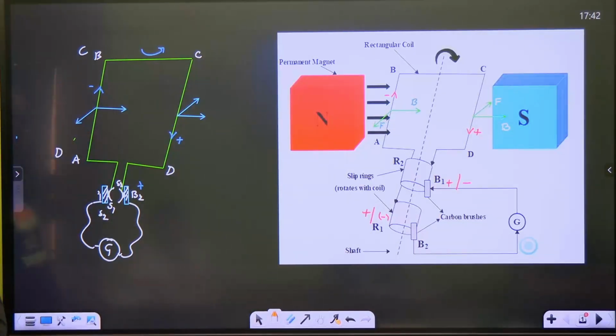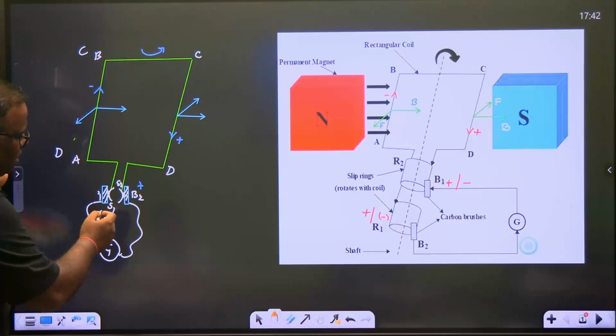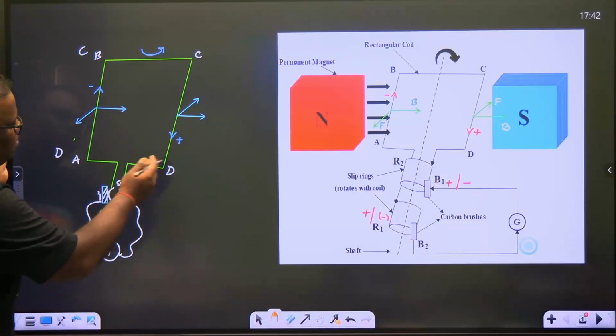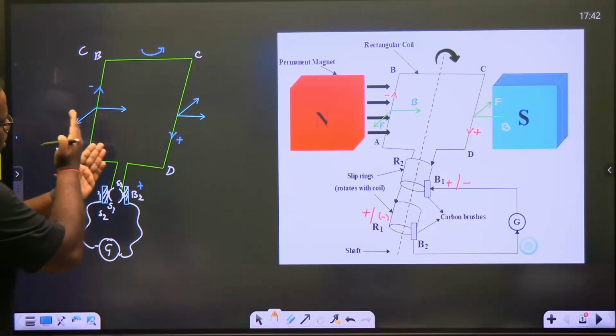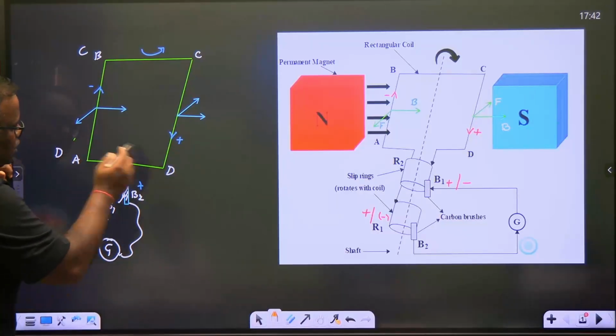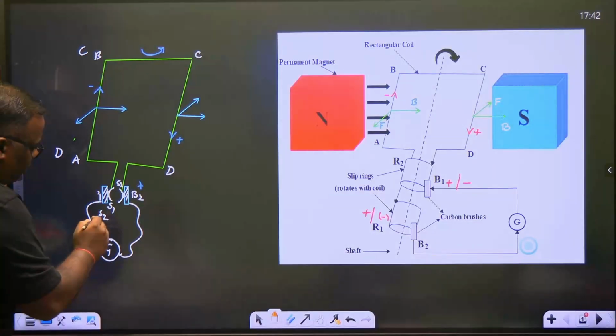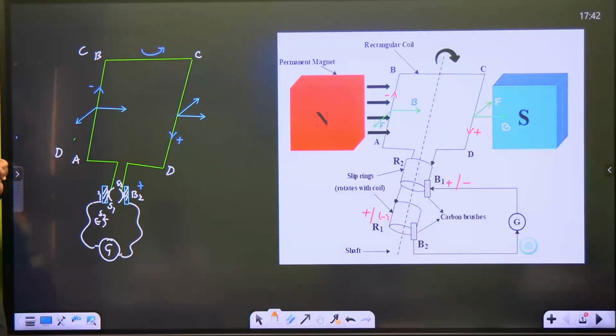Direction of current is still up. So my S2 comes here and rotates on this side. At that time, the direction of current on this particular S2 will be negative. Do you agree?